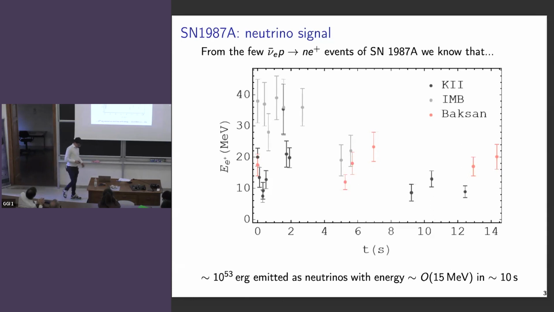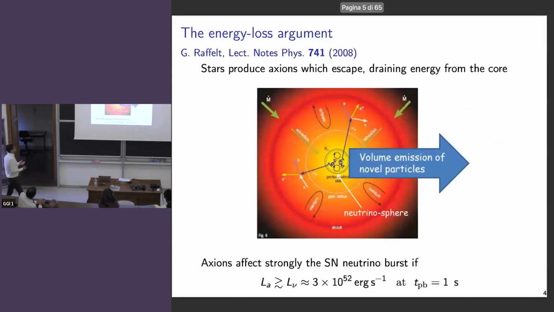The signal was obtained through inverse beta decay, in which an antineutrino and a proton produce a neutron and a positron, and what is measured is the energy of the produced positrons. Through these measurements, the standard picture of supernova physics was confirmed. Now, these are very few events, so the statistics are not large, but in this way, the standard picture was confirmed.